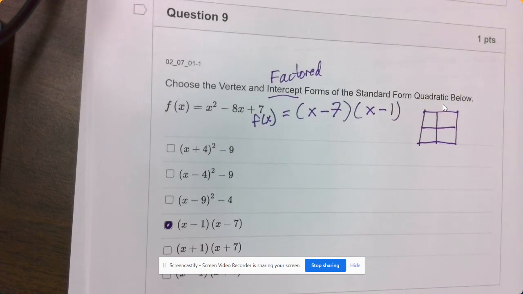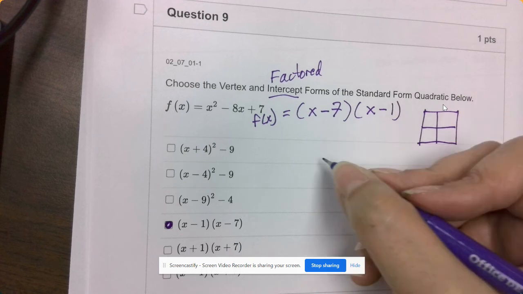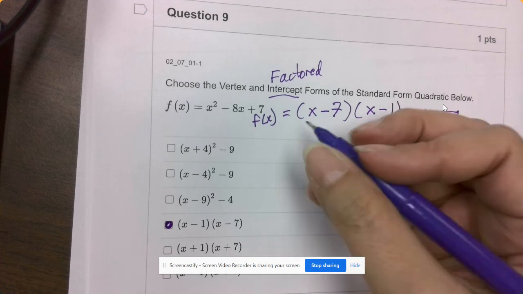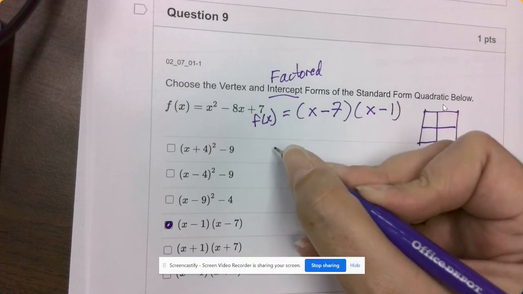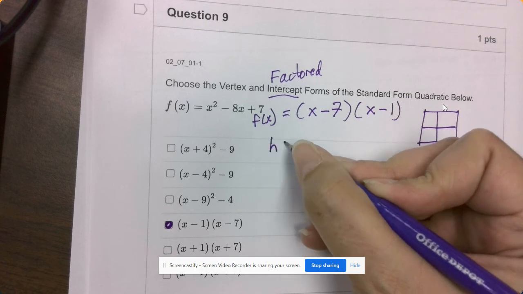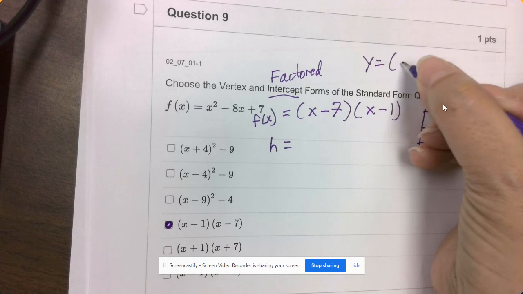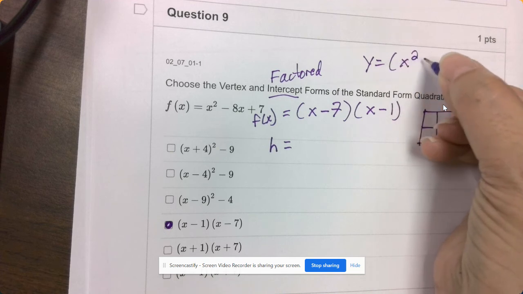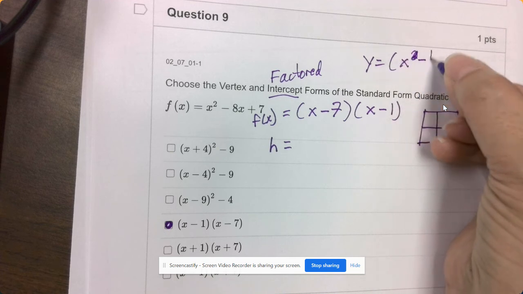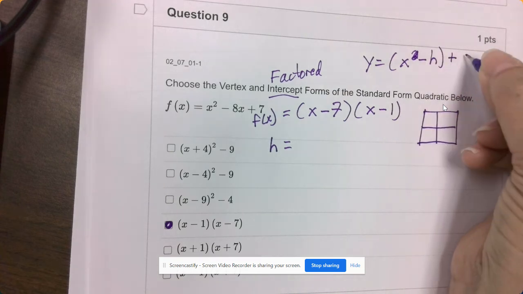Oh, well, now we need to do the vertex form. Okay, so for that one, everybody, we need to get h and k. To get our h, remember it's y is equal to x minus h squared plus k.